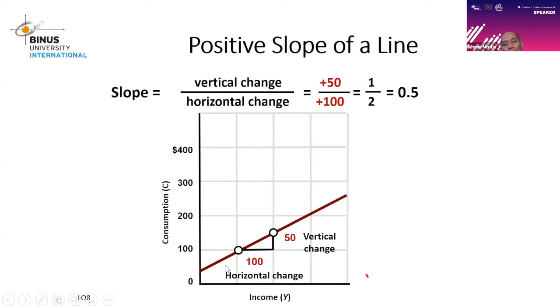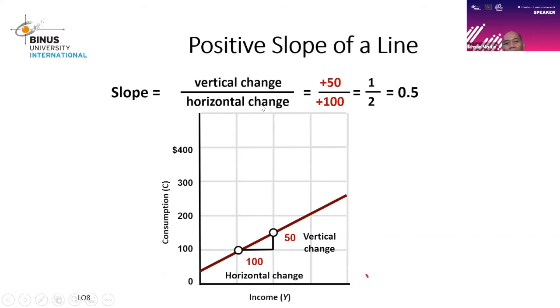Y and x can switch around very often, and you have to be very careful about this. So that's why the definition is not delta x delta y, because it's gonna get you confused. But it gives you the definition as vertical change. Jadi pasti perubahan daripada sumbu vertikal, and divided by the horizontal change, divided by the change in the horizontal axis, yeah.